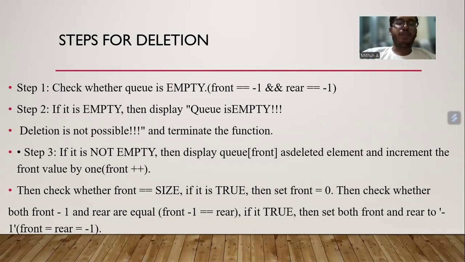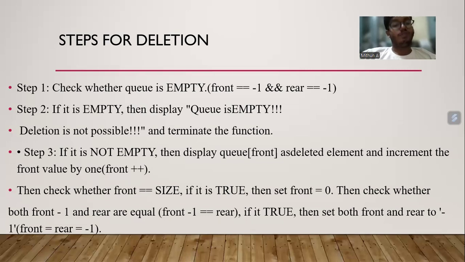It could also be front equal to 0 and rear equal to minus 1. If so, it shows that the queue is empty. So deletion is not possible as there is nothing in the queue. If there is no element, nothing can be deleted from the queue. So terminate the function and the compiler comes out of the loop.